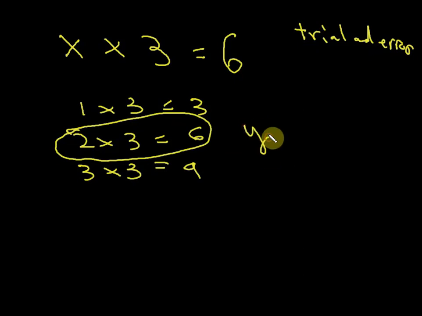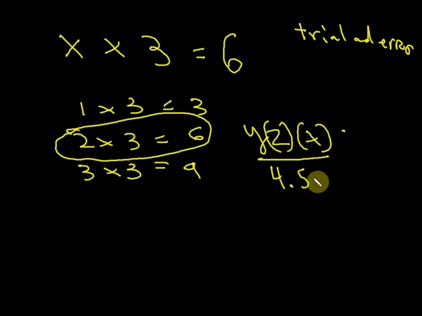Because you could have this divided by 4.5, Z squared equals 8. You don't have time to do trial and error. That's just going to be painful.